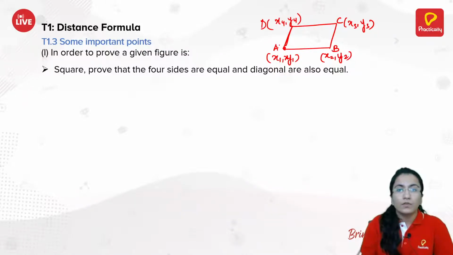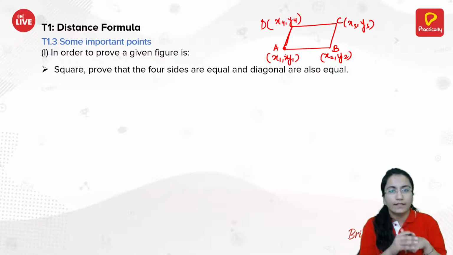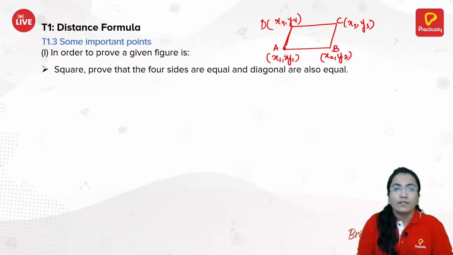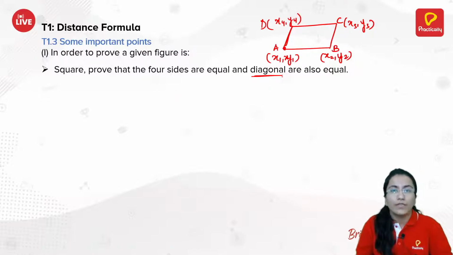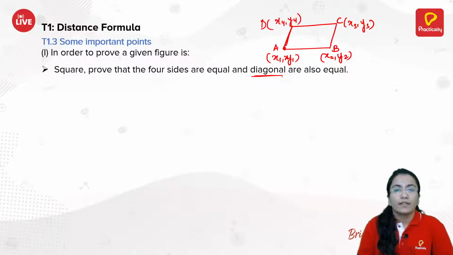If all the 4 sides are of equal length, since a square has all its sides equal, then what you need to check next is the diagonals. If the diagonals are also equal, then you have proved that the 4 sides are equal as well as the diagonals are equal. The diagonals are AC and BD.